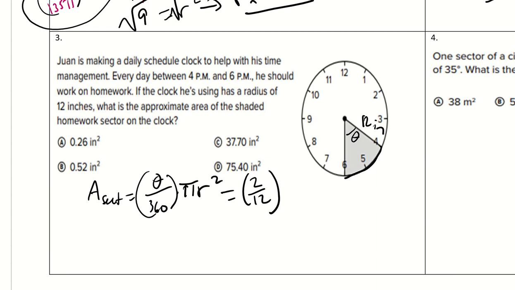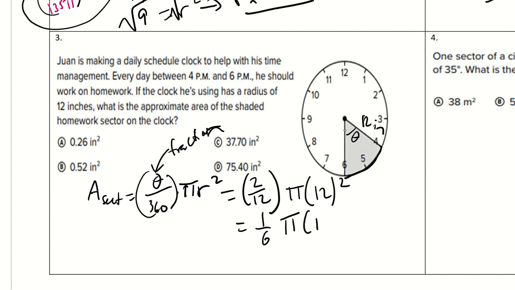That's the quick way of doing it. And then pi times the radius, 12, squared. Remember, this is just a fraction of the coverage. So 2/12 of the clock is 1/6, and 12 squared is 144. So do this math, and you get 75.4 inches squared.